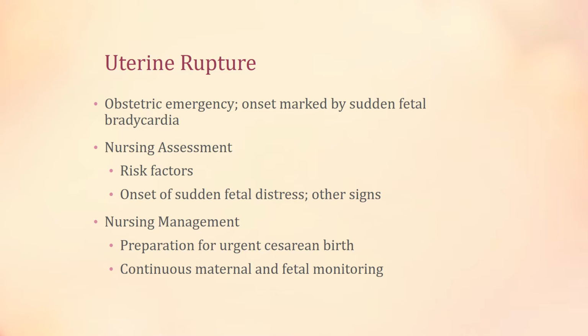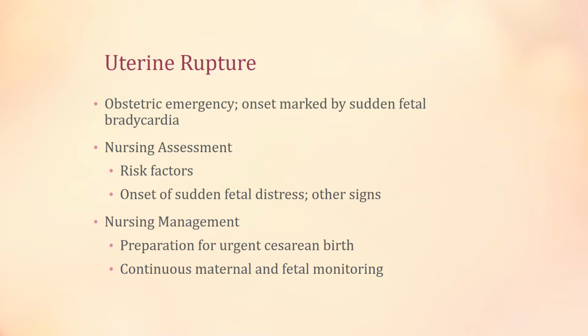Most times you have a sudden fetal bradycardia, and most times it is a significant fetal morbidity risk because there is such hemorrhage, there is loss of oxygen to the baby. It's going to have to be an emergency cesarean and most definitely continuous monitoring of the mom and the baby.